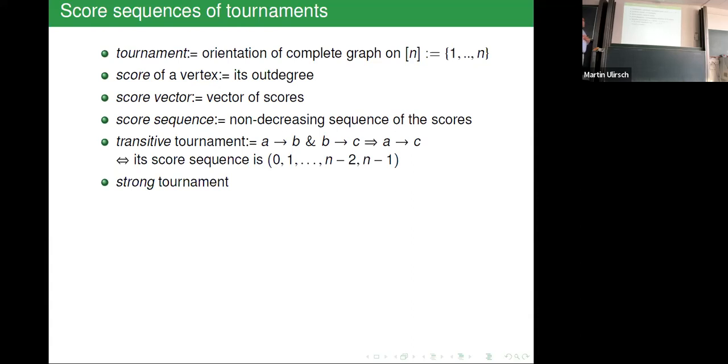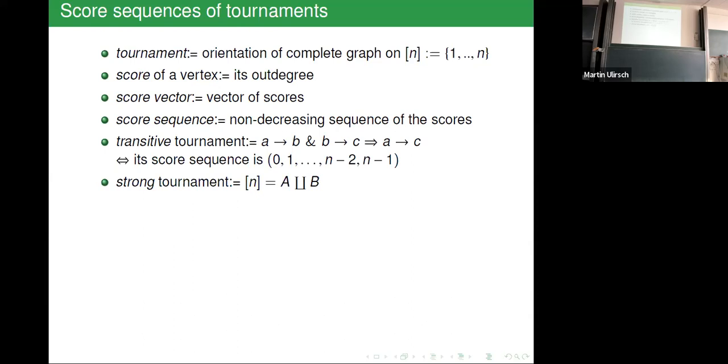One important class of tournaments for us will be the strong tournaments. A strong tournament just means somehow the opposite of the transitive. Transitive is some of the weakest. Strong means that there is no particular group which dominates another group in the competition.